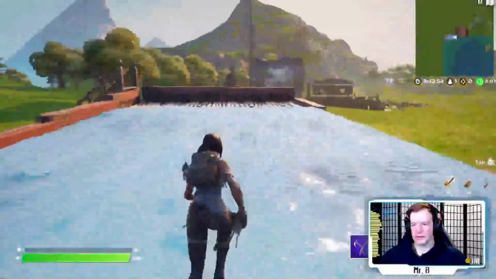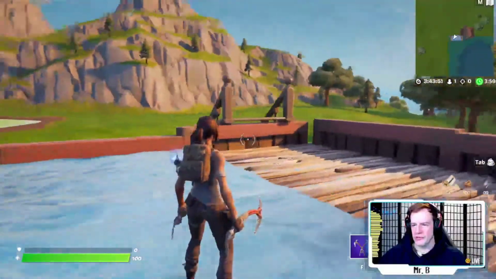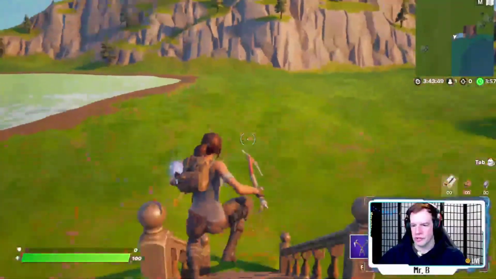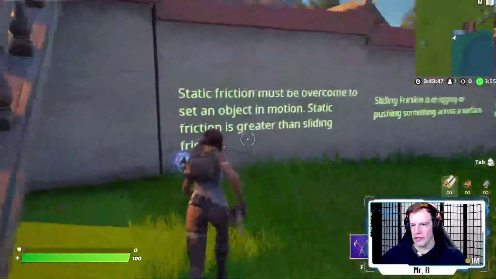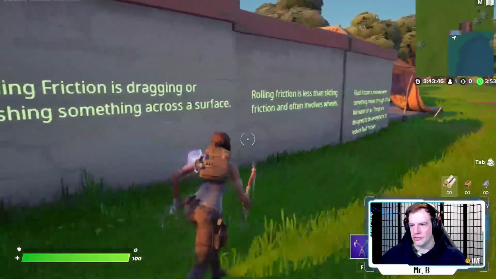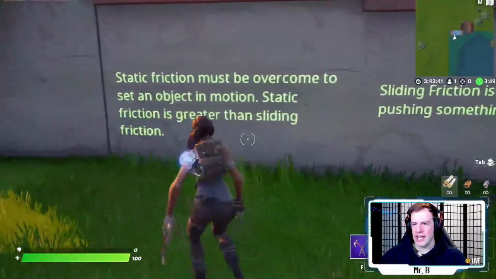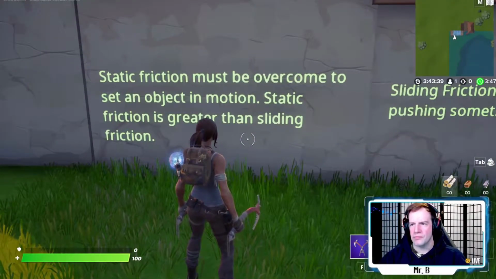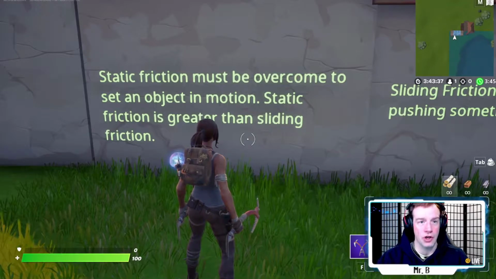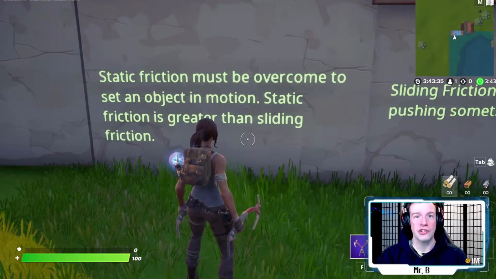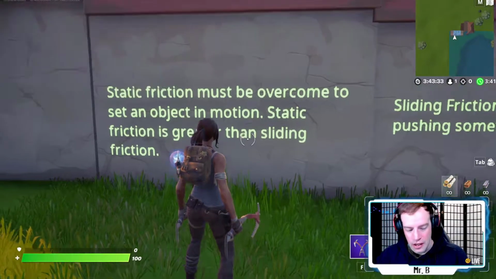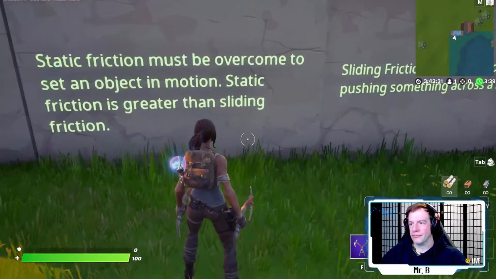Let's take a look at some other types of friction. I have all the kinds of friction written out here. Let's first think about static friction. Static friction must be overcome to get an object going. You ever notice how sometimes it's harder to get something moving when you first start pushing it? Well, that's the static friction.